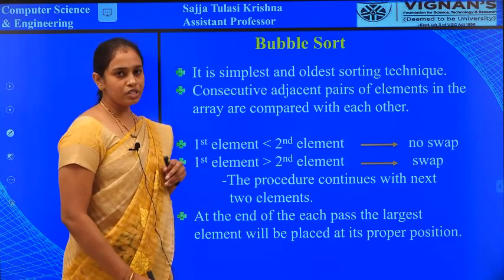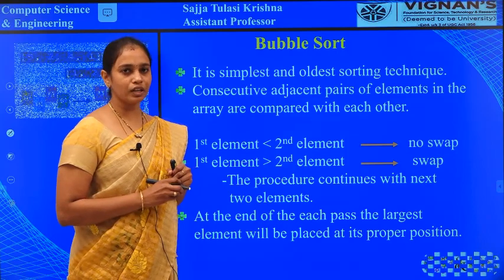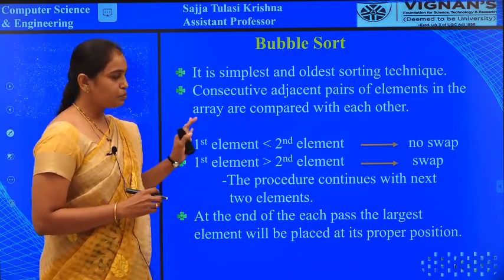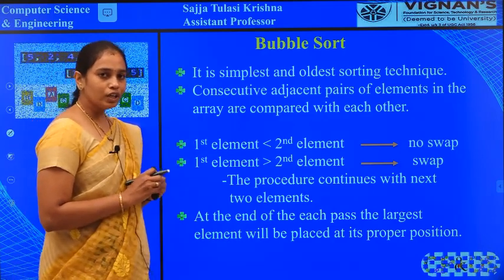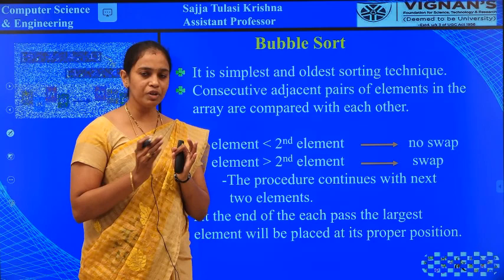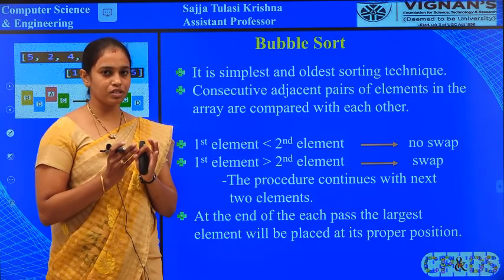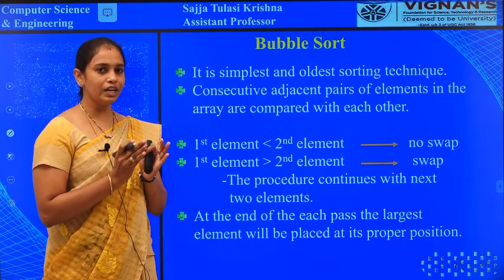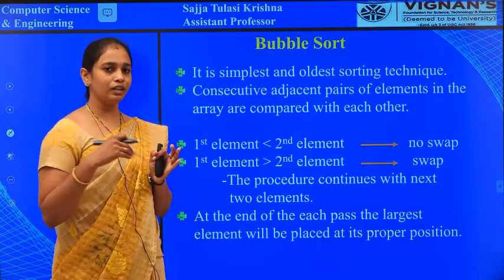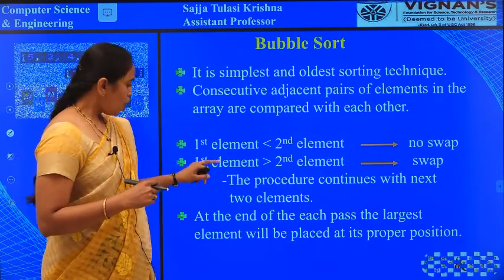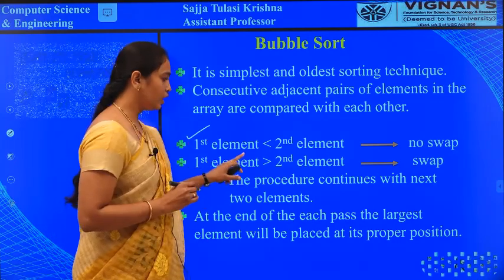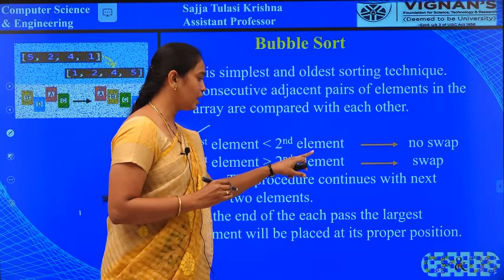This bubble sort is the simplest technique and a very old one. In bubble sort, we sort two consecutive numbers, meaning side by side numbers. Likewise, the entire data set is sorted. The first element is compared with the second element.